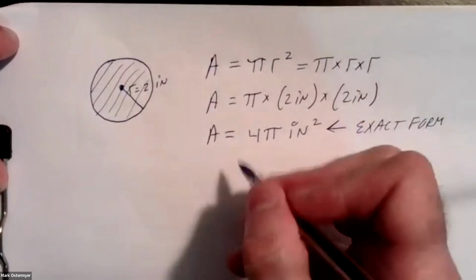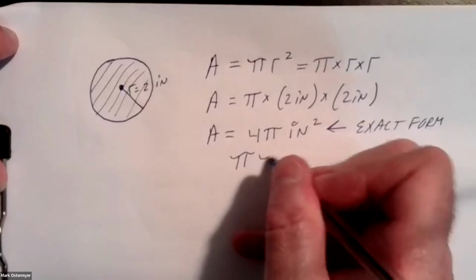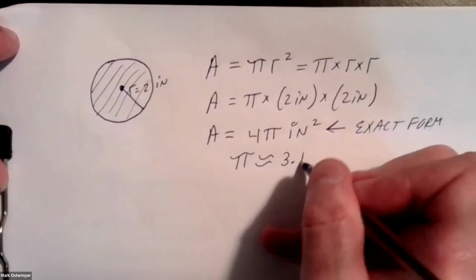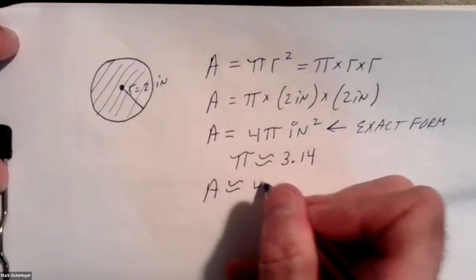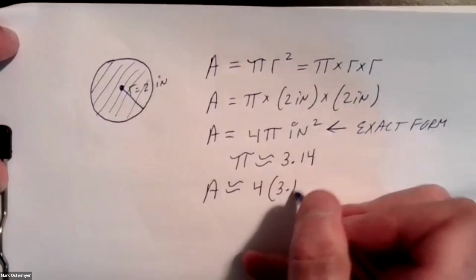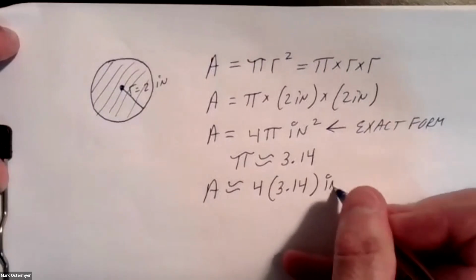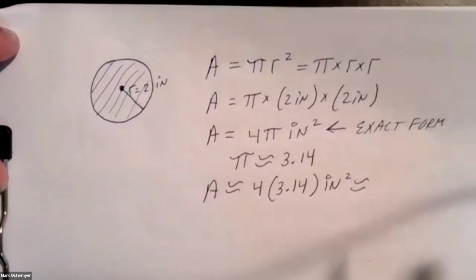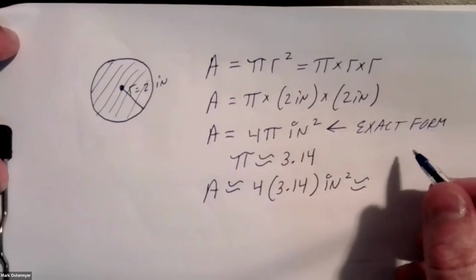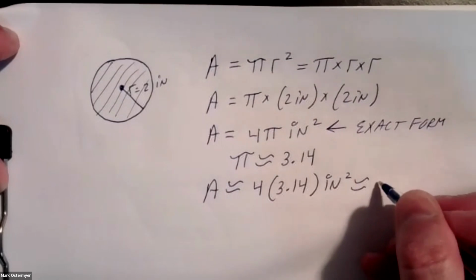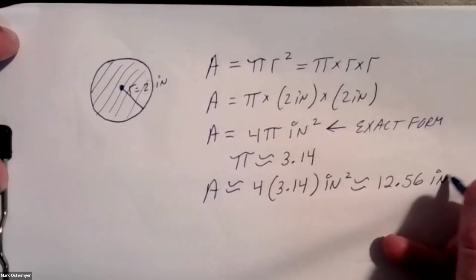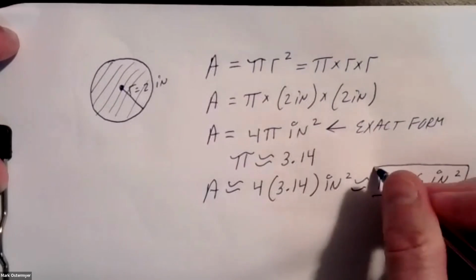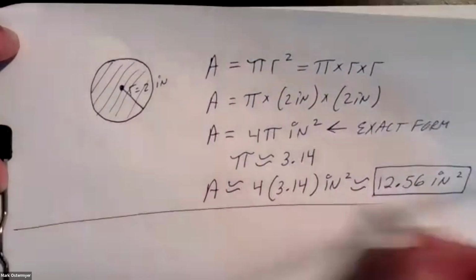If you get on your calculator and approximate pi's value to be about 3.14, then we can get an approximate area, which is 4 times 3.14 square inches, which would be 12.56 square inches. That's the approximate area, ladies and gentlemen, of that circle.